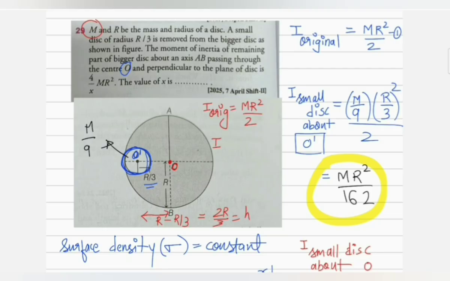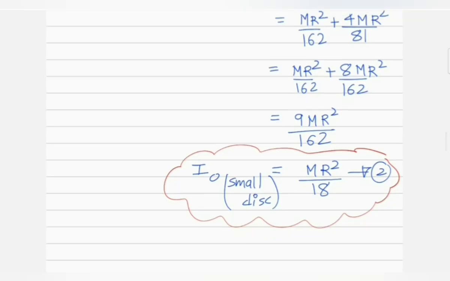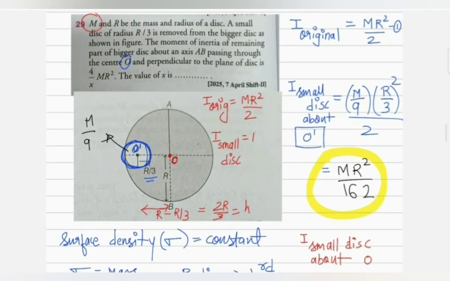Now moment of inertia of smaller disk जो तुम cut करके बाहर निकाले, अभी अभी आपको उसका answer मिला, equation number 2. How much is that students, that is mr² by 18, about which point, about O only. Moment of inertia original value about O mr² by 2, moment of inertia of small disk जिसका mass m by 9 है, जिसका radius r by 3 है, about O क्या मिला, mr² by 18.